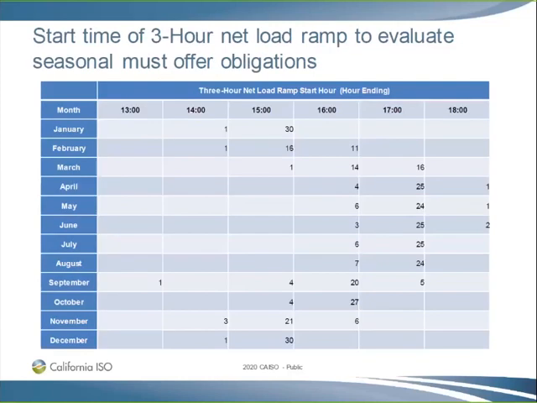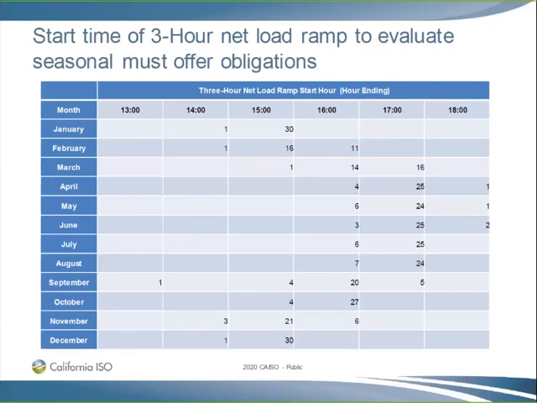Go to next. So this is still the third way of looking at the red bar on slide 35. We have been looking at the categories, and we have been looking at the load and wind contributions. Now this is the third way, to see how the 3-hour ramp started, the time of how that started.